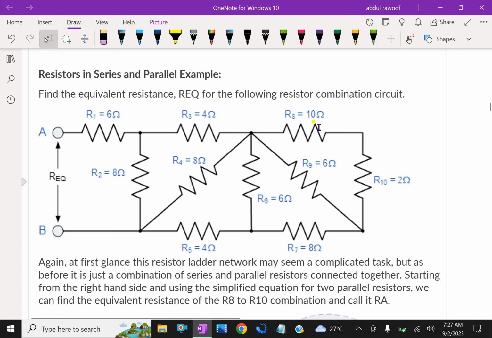Then 10 ohm and 2 ohm are in series, so it becomes 12 ohm. That 12 ohm is parallel to this R9, 6 ohm. Then all this together becomes one single resistance, and that single resistance with this resistance is in series. Then all this together is parallel to this. So we have to calculate one by one from right to left side.